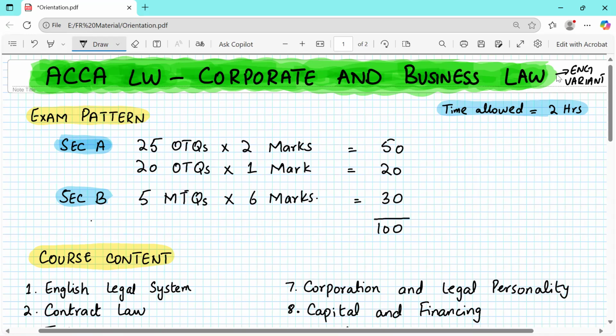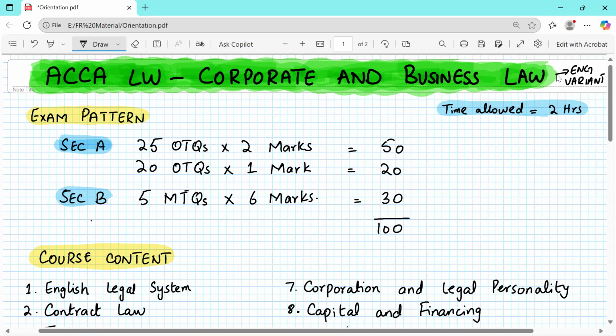So this exam is in skills level, but it resembles more like a knowledge level, because just objective type questions and multitask questions will be tested, and the exam will be automatically marked. Software will check the exam, but in the other skills level exams, there is some portion which is manually marked by the examiner. But that is not the case in this. So it is a skills level exam, but it resembles more like a knowledge level exam of ACCA.